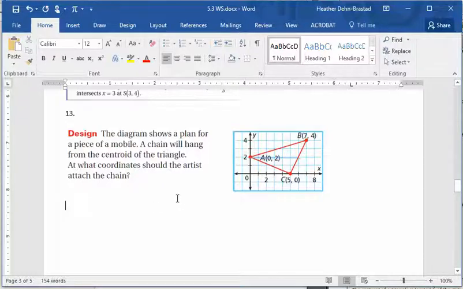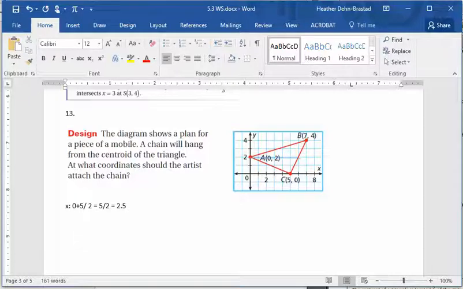So the midpoint of side, let's do side AC. To find the midpoint of the x-coordinates, you'll take 0 plus 5, those are the two x-coordinates, and then divide that answer by 2. So that would be 5 divided by 2, which is 2.5. And that's the x-coordinate of the midpoint.